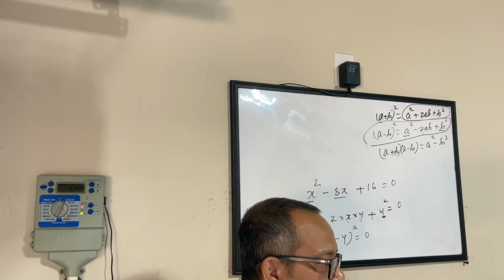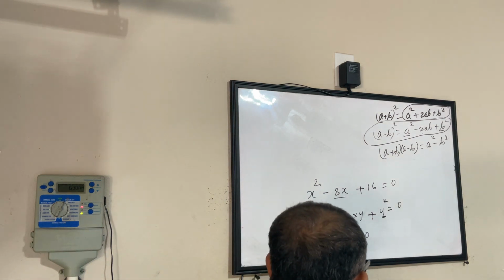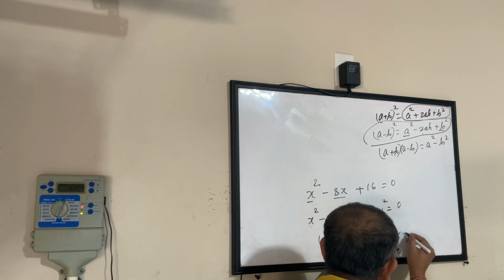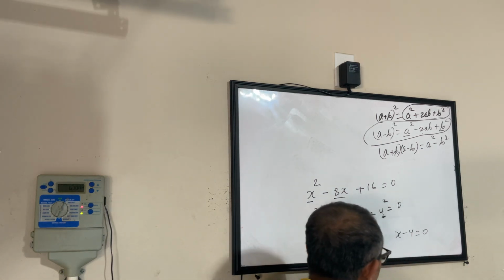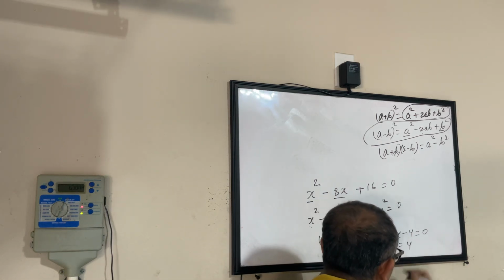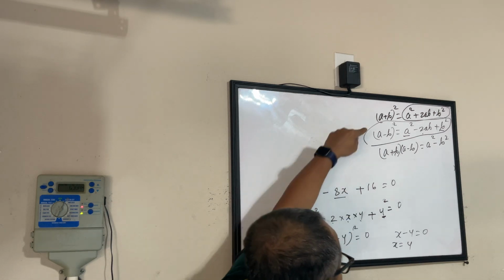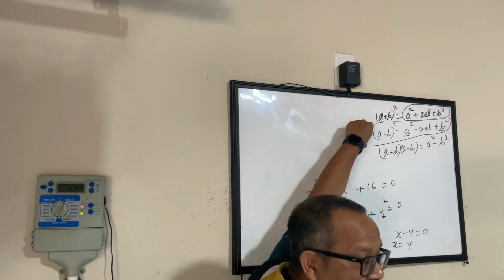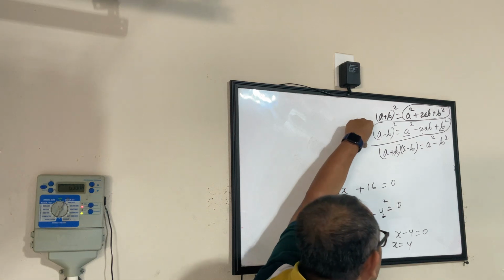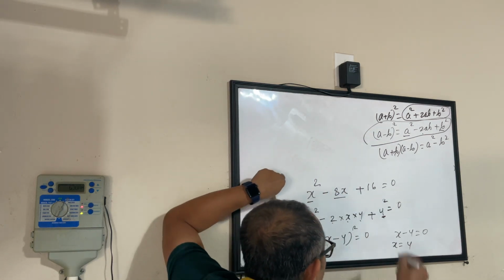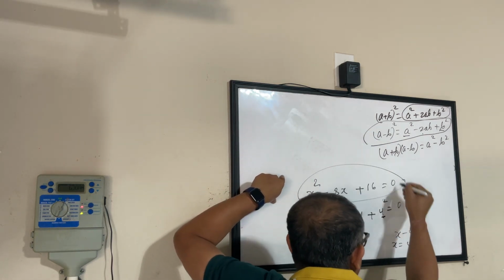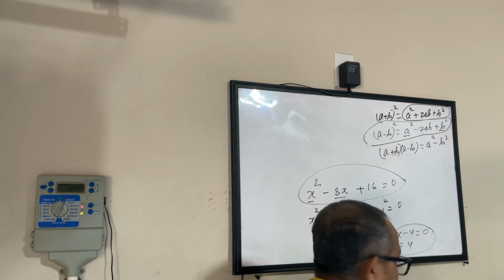That means x minus 4 equals 0. That is, x equals 4. So since we knew this formula, we are able to use that for solving a quadratic equation for the value of x.